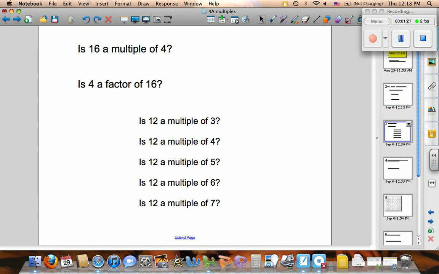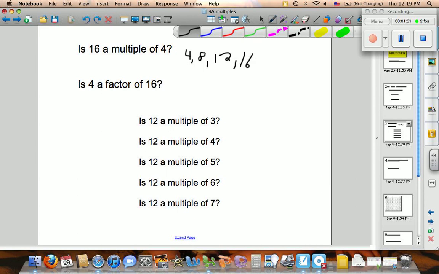So is 16 a multiple of 4? In order to find the multiples of 4, we can skip count by 4s. So 4, 8, 12, 16.